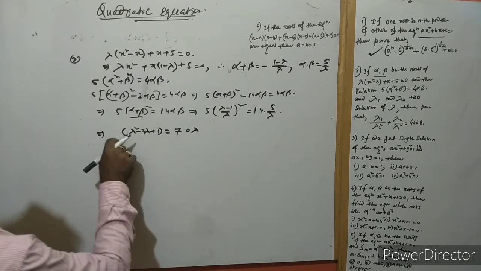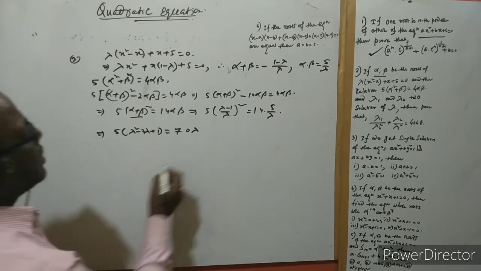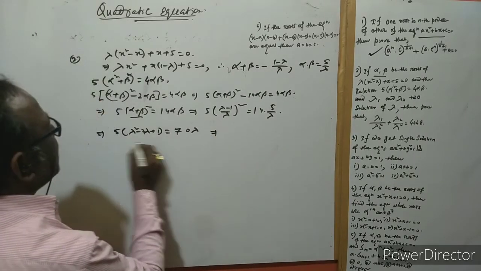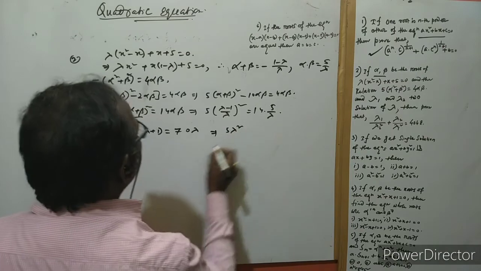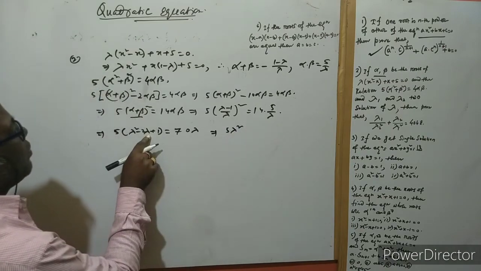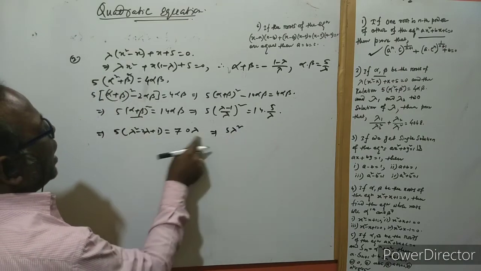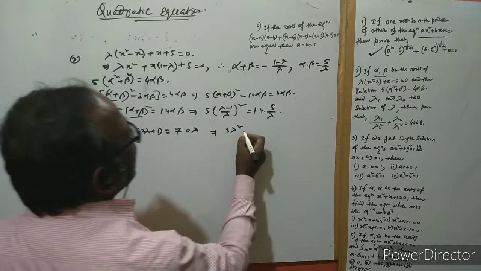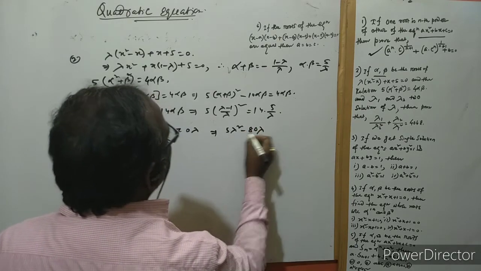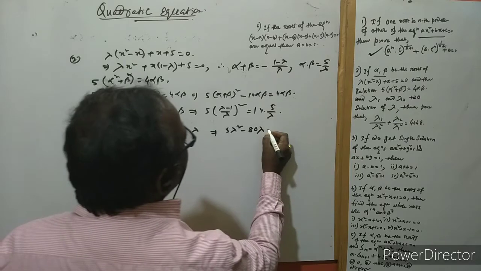Now again rewrite 5 times lambda square, and this is 5 times 2 lambda, that is 10 times lambda. Transferring to the left hand side, we get 80 times lambda here, and the other term is plus 5.